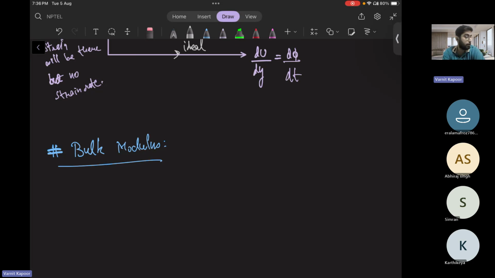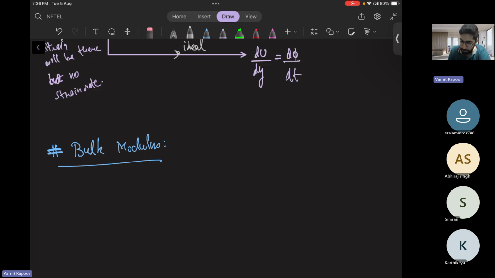It is nothing but a measure of elasticity of the fluid, and it is the inverse of the compressibility. Bulk modulus plays a role when you try to compress a fluid. Viscosity plays a role when you provide a shear force to the fluid. So far we were understanding the viscosity and shear forces. Now we'll come to the compressive forces when we apply a compressive force over a fluid.